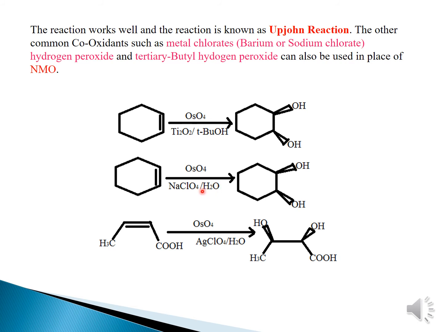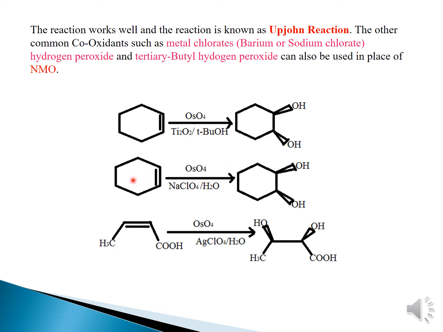Okay, this is your hydrogen peroxide. In the presence of hydrogen peroxide, so you are taking a cycloalkene and then you are treating it with osmium tetroxide in the presence of titanium dioxide and treatment with tertiary butyl hydrogen peroxide, and you are resulting in the diols.